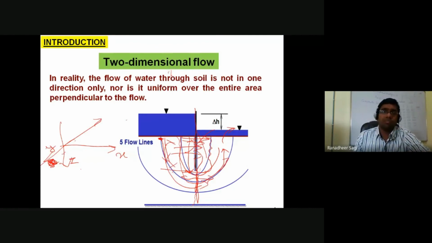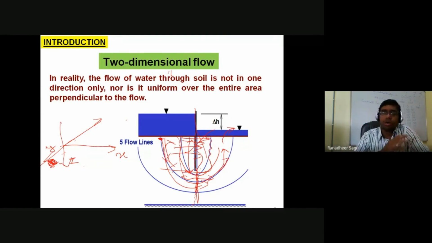So the flow of a water particle, in order to move from upstream to downstream, will happen across the cross section of the structure, but not along the length of the structure. Because if the water particle travels along the length of the structure, it still remains on the upstream side only. It cannot go on to the downstream. If the water particle travels in this y direction, it still remains on the upstream side only.